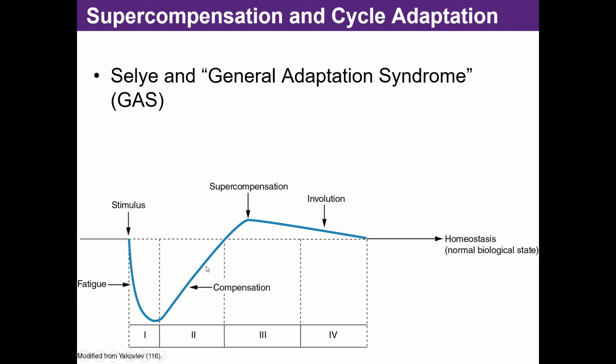So we damage the muscle, now we got to rebuild it. And then shortly thereafter, we're going to get a super compensation. So you're a little bit stronger than you were when you did that initial exercise bout. That's super compensation. And so the idea there is that we have adapted again to that initial stimulus.